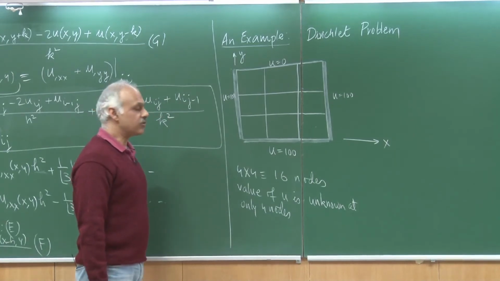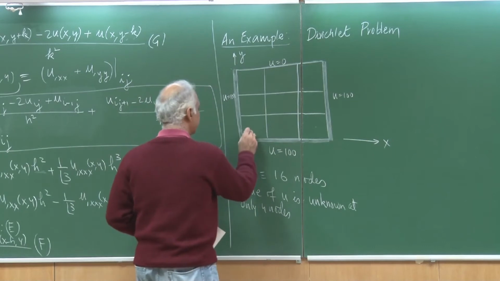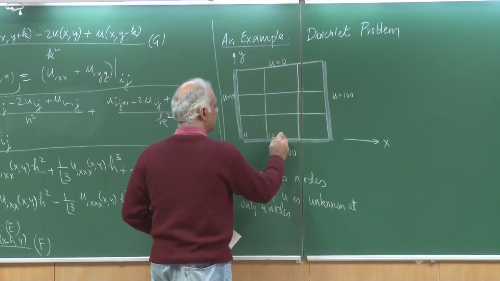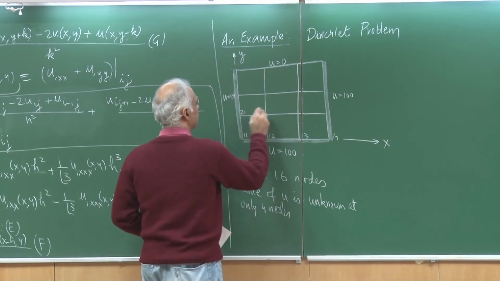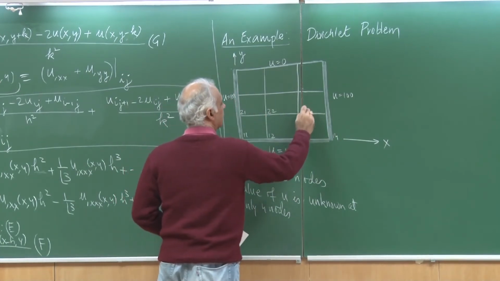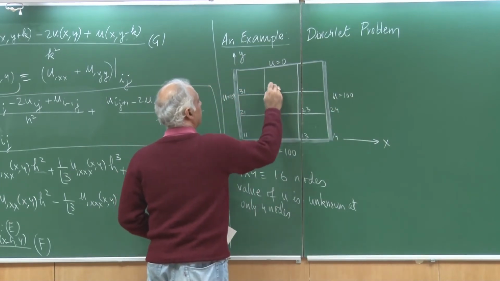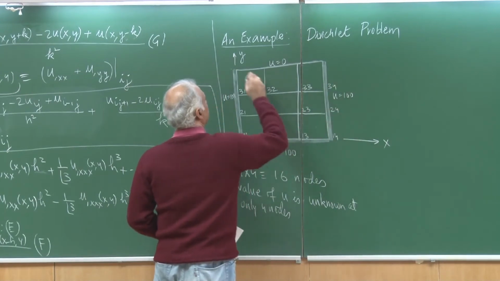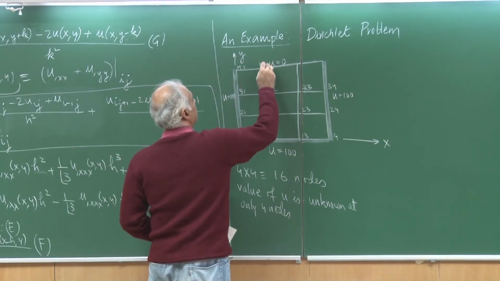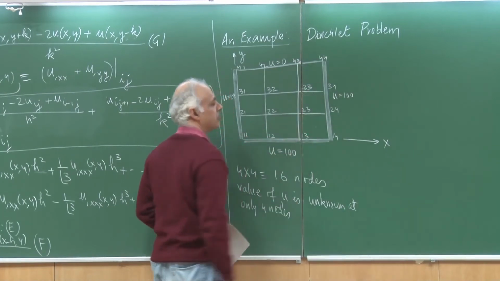Let me number these nodes. So, I will number these nodes for convenience, this would be 1 1, this is 1 2, 1 3, 1 4, this is 2 1, 2 2, 2 3, 2 4, 3 1, 3 2, 3 3, 3 4, 4 1, 4 2, 4 3, 4 4.